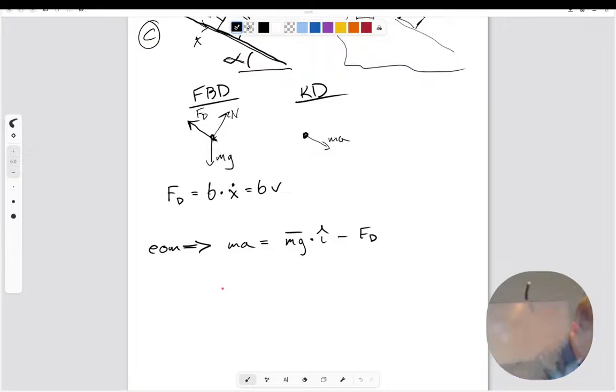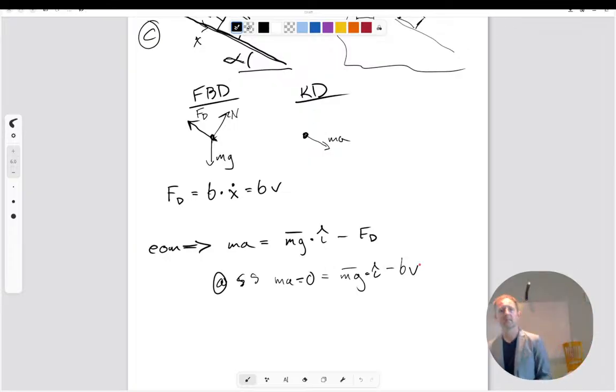So we could say at steady state, SS, MA equals 0, which is equal to our forces. So in this case, B times V is whatever that mg component is.